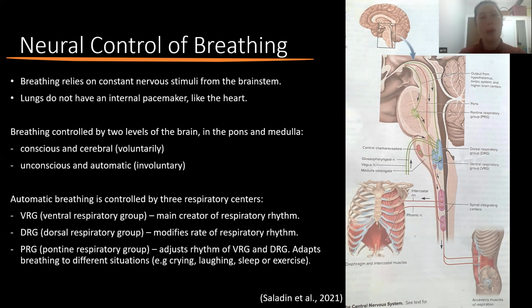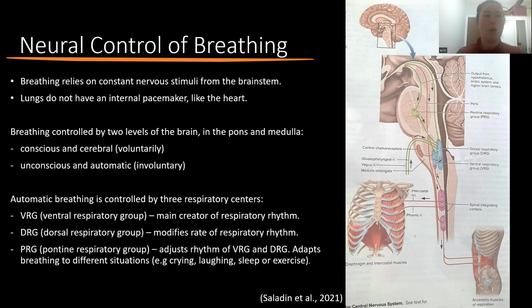During quiet breathing, inspiratory neurons will fire off from the ventral respiratory group, sending signals down the brainstem, down the spinal cord, to the diaphragm and the intercostal muscles, making them automatically contract.